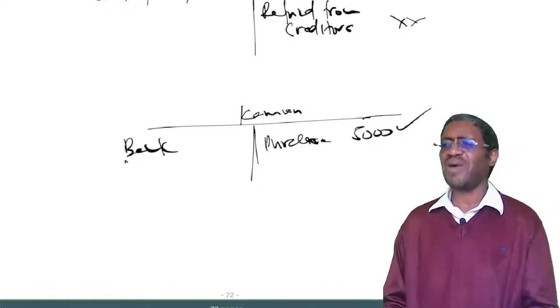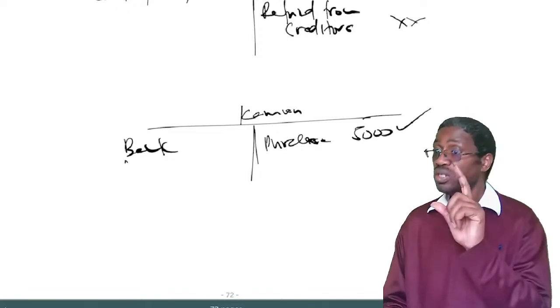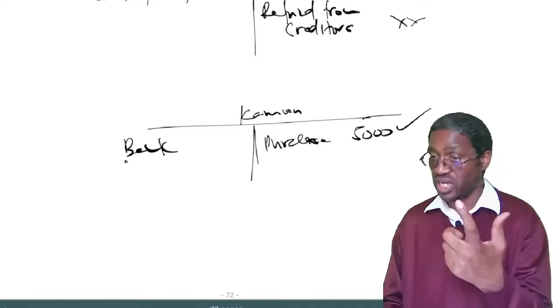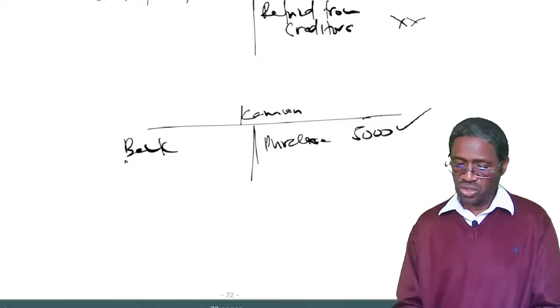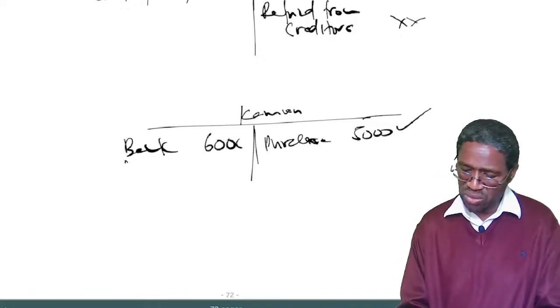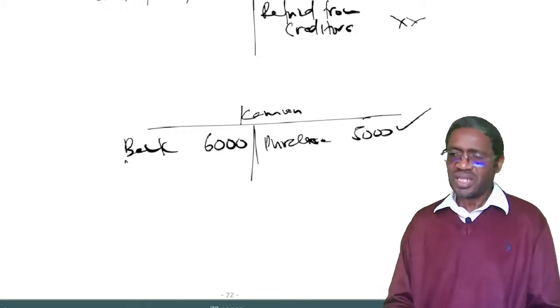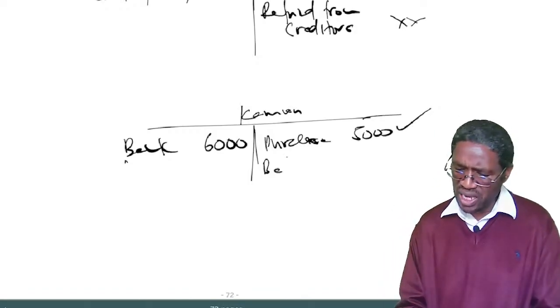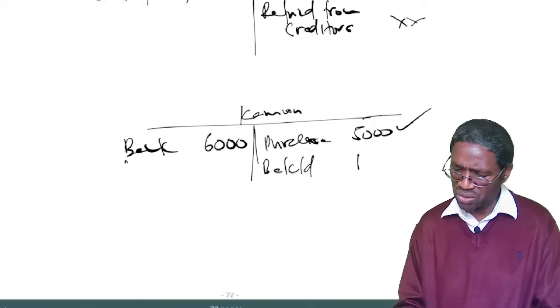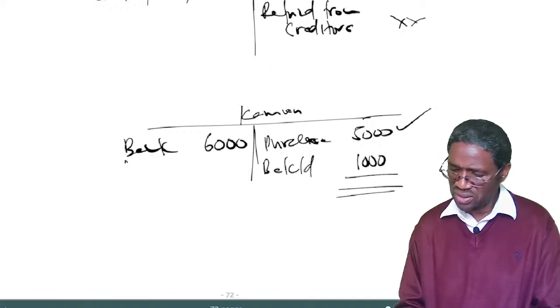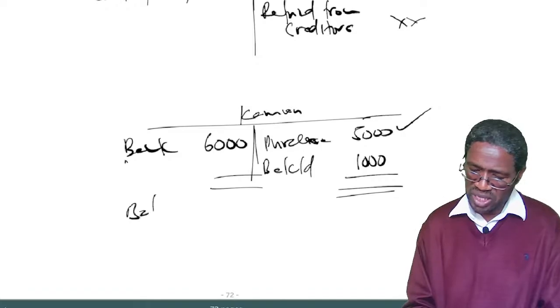Suppose you wrote to them a check of 6,000. You must have debited Kamau as a creditor and credited bank. Then by the end of the year, you balanced the account and said balance carried down 1,000. You brought it down by the beginning of the following year, 1,000.